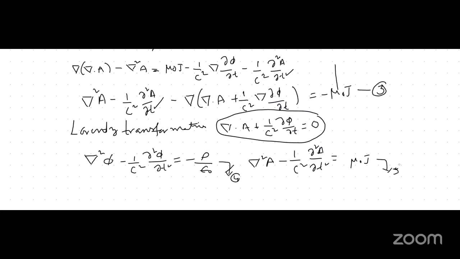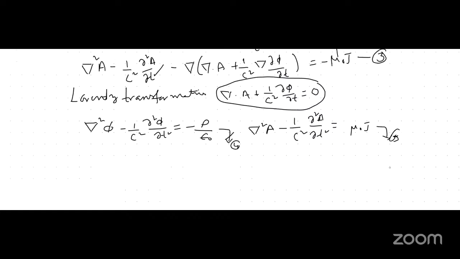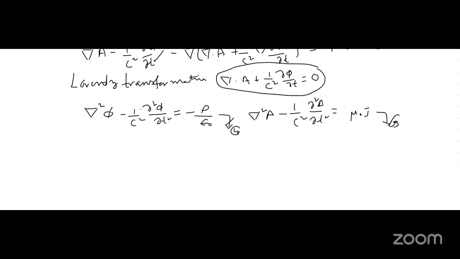These equations, 4 and 5, represent the inhomogeneous equations, in terms of scalar potential and vector potential. Del square phi minus 1 by c square ∂² phi by ∂t² is equal to minus rho by epsilon naught, one equation.